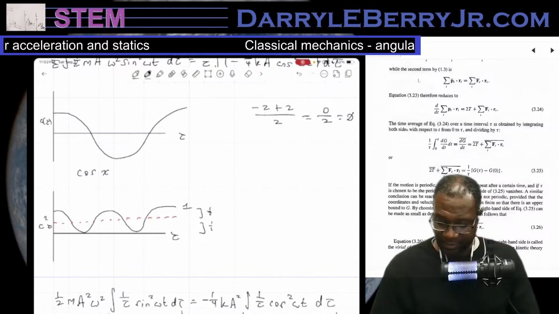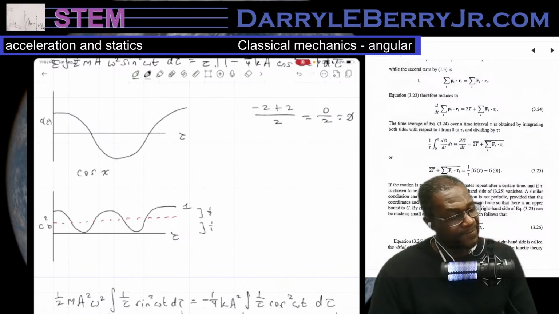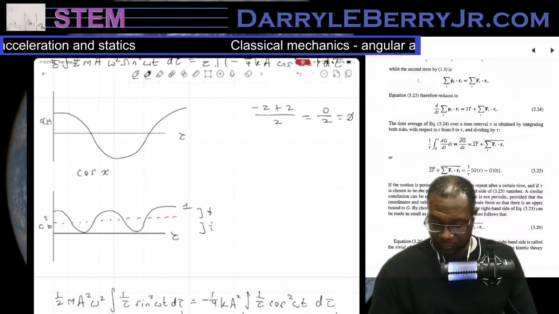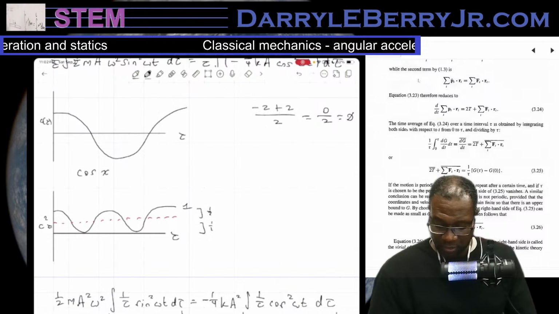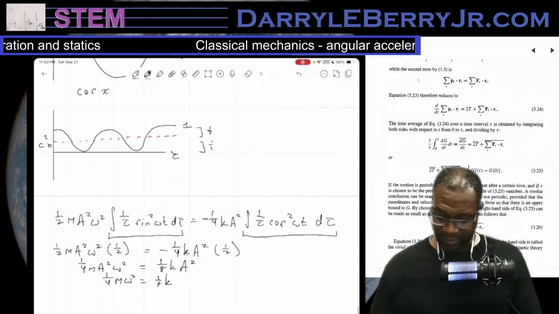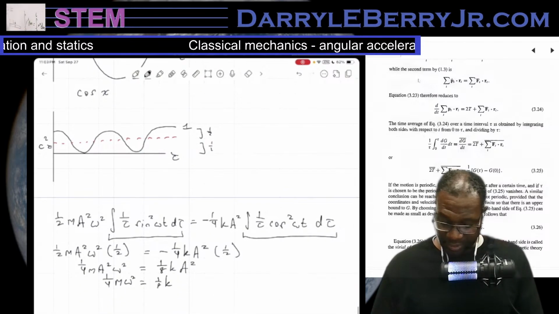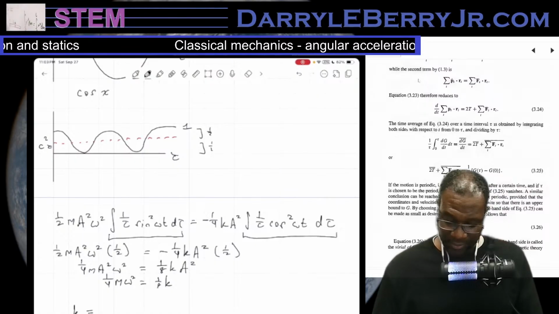No, no, no. Omega is the angular frequency. Oh, so check this out. I see it. So what's going on is, if you have the spring constant, that is newtons over meters.